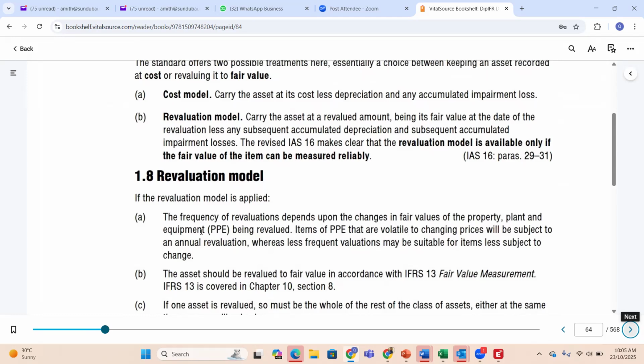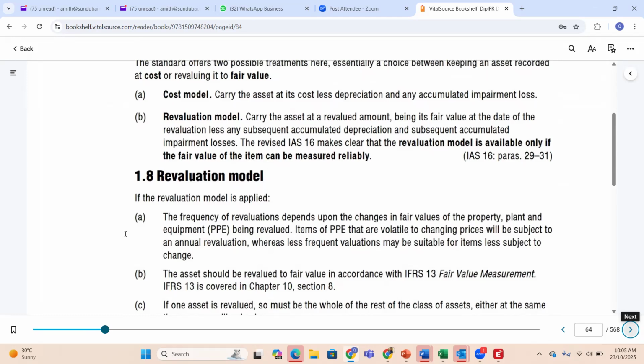Can. Okay. Yeah, you can. Because if there is not much change in the UAQ land, what is the reason for doing a yearly revaluation? So based on the empirical evidence, you can say that I will be using the revaluation method only, but I will be revaluing only every 1 to 2 years.